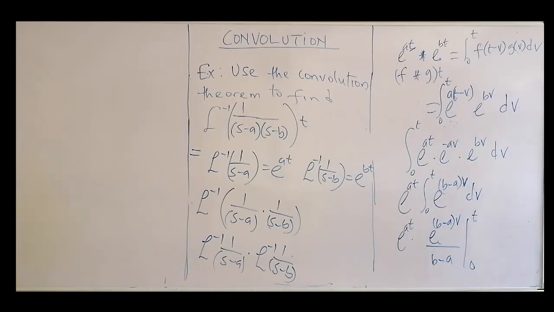So that will be equal to the constant e^(at) times, substituting the upper and lower limits, e^((b minus a)t) all over b minus a, minus 1 over b minus a. Then close the bracket there.